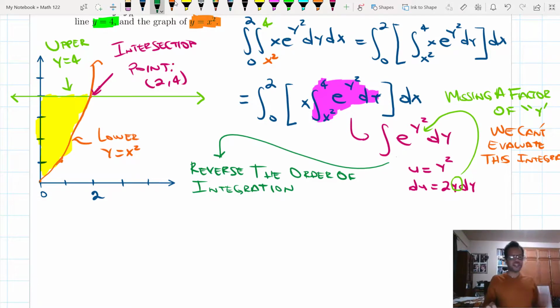All right, but when we change the order of integration, this is the extra thing we do.